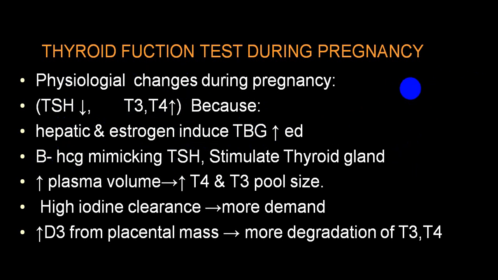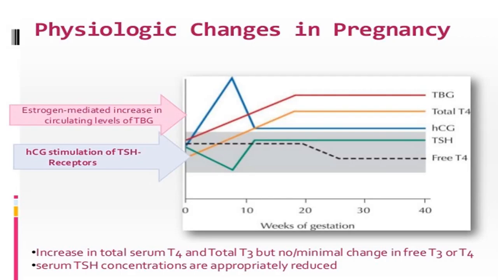Plasma volume is elevated. T3 T4 pool size is also increased. High iodine clearance, etc. can cause abnormal thyroid function tests during pregnancy.